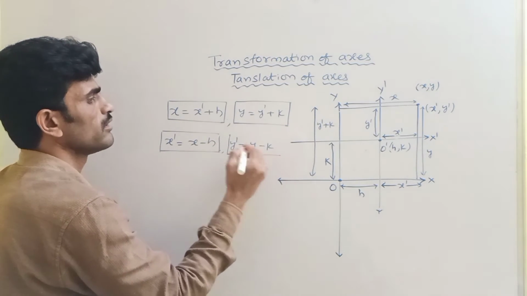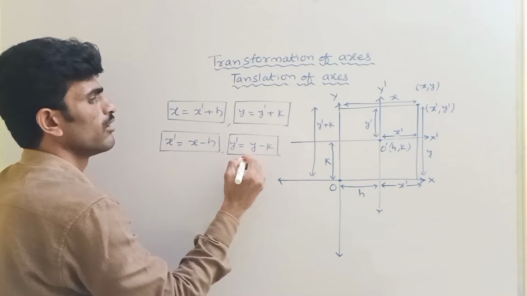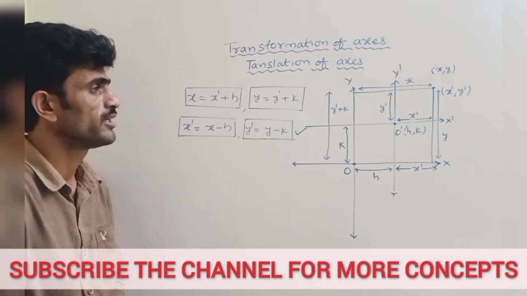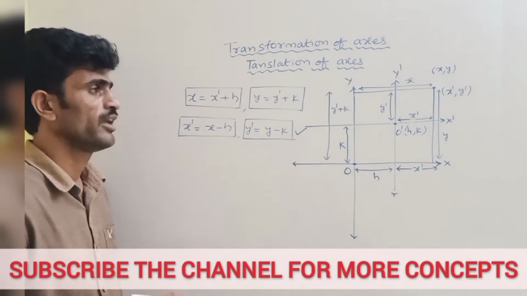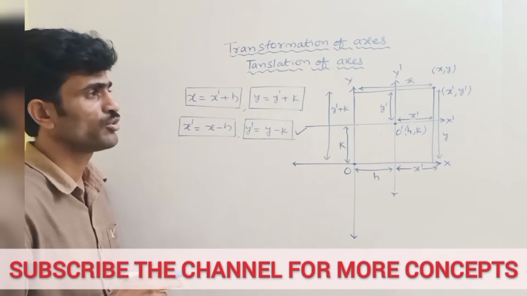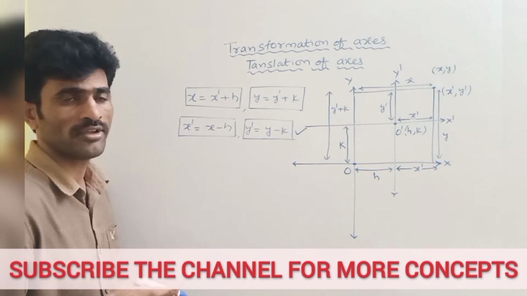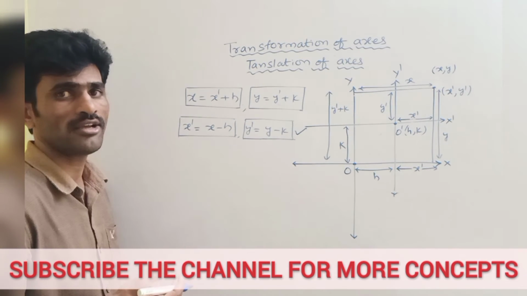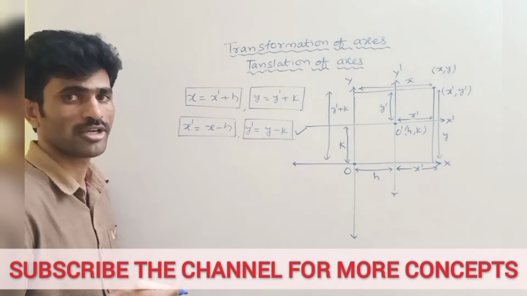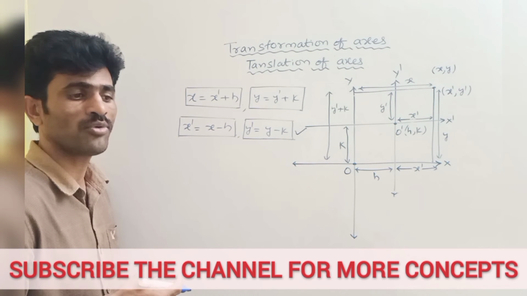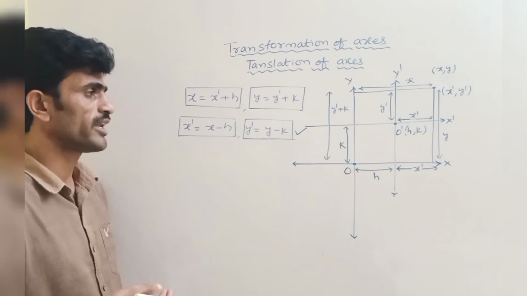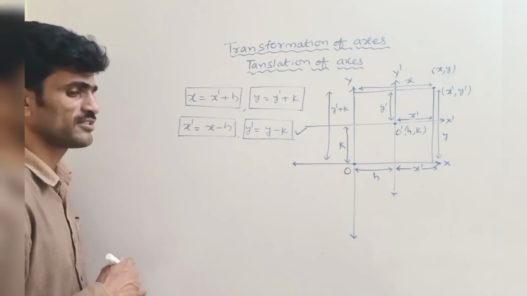Now let us see one problem on these formulae. The question: when the origin is shifted to minus 2 comma 3, find the coordinates of 1 comma 2 with respect to the new coordinate axis. Here what information is given?